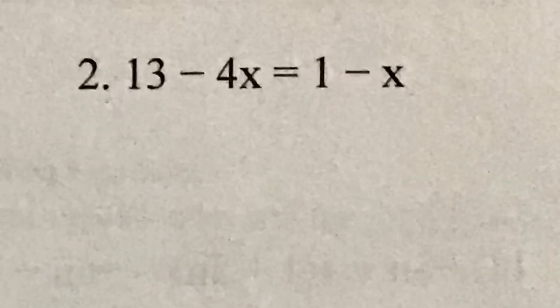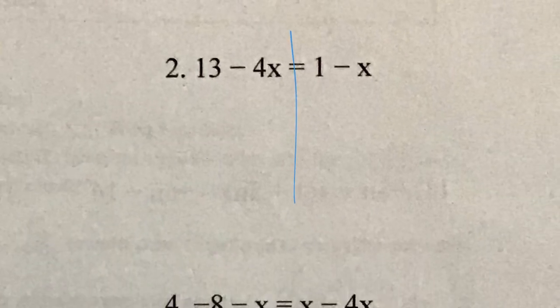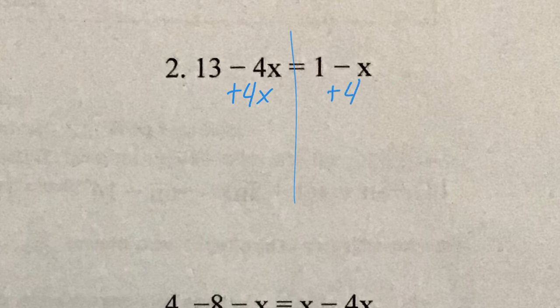Make sure you pause at anything that you need to. All right, so we have 13 minus 4x equals 1 minus x. Now remember, I can keep change to make sure I realize that those are both negative x's. I could rewrite it, or just remember the sign in front, okay? I want to move maybe the smaller one. Now remember, negative 4x is technically the smaller one. I want to deal with some more positives, so I'm going to add 4x to both sides.